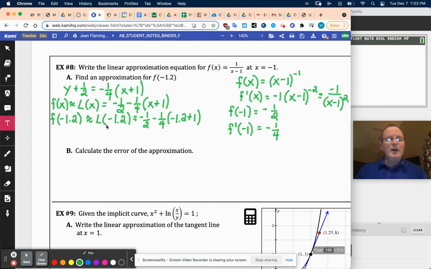All right, and so that is equal to negative 1/2 minus 1/4 of, and this is going to be negative 0.2, which is negative 1/5. So I'm going to write that as negative 1/5.